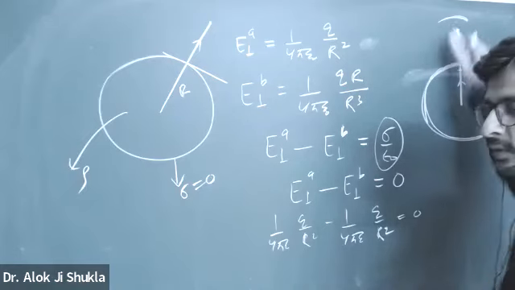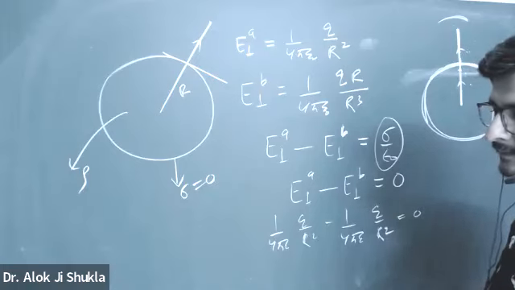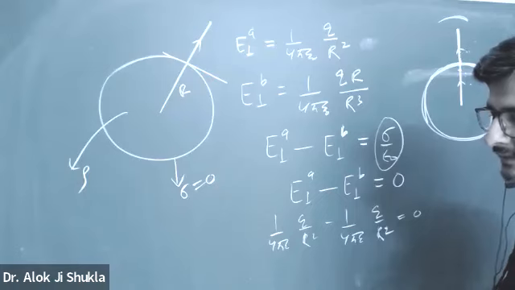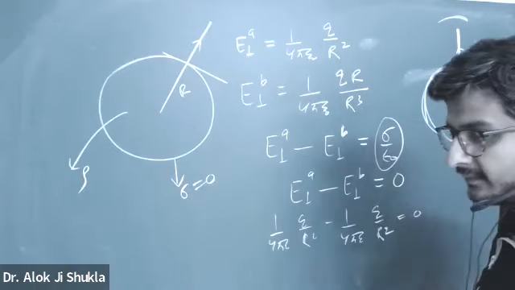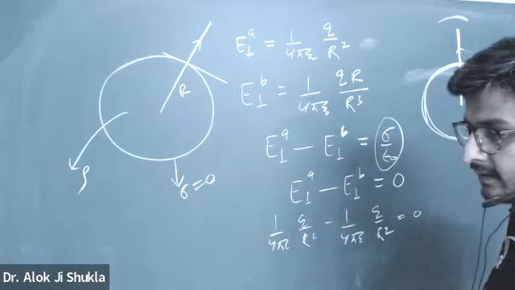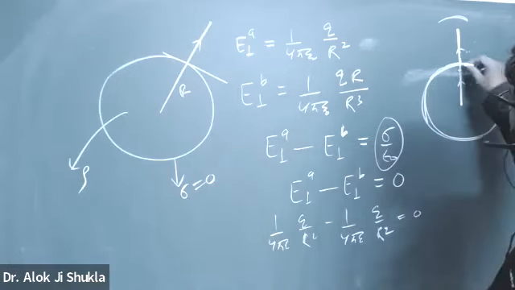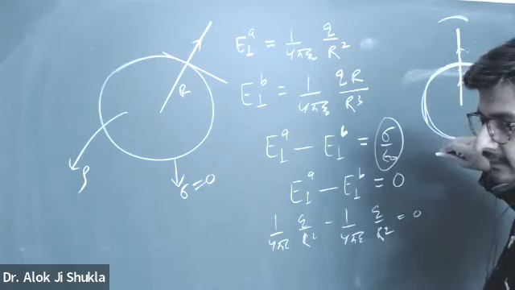There is no surface here at all, so how can you apply it there? Is it understandable or not? Tell me, Nayan. So you can't apply it here. Here there is no surface.